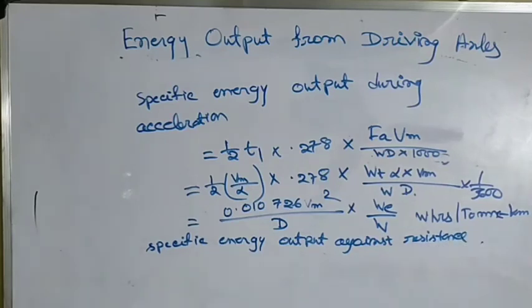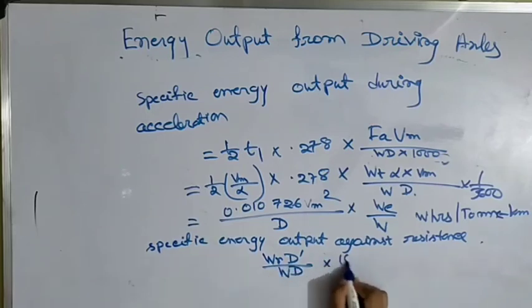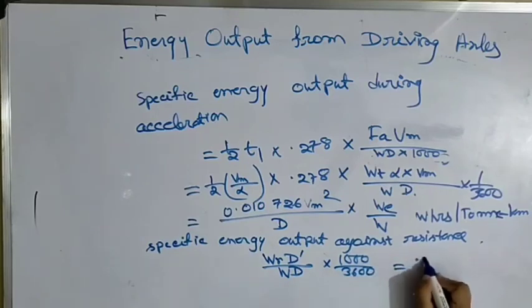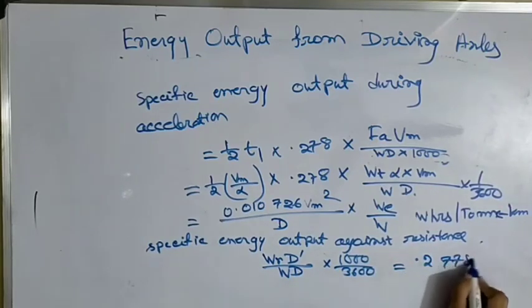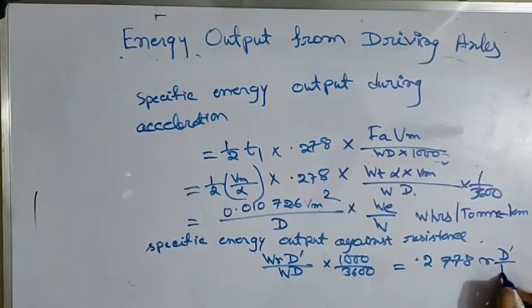Similarly, if the tractive effort against resistance is R Newton per ton, the specific energy spent against resistance is W R D dash by W D into 1000 by 3600, which is equal to 0.2778 R D dash by D. Now where D dash is the distance for which force due to resistance exists.